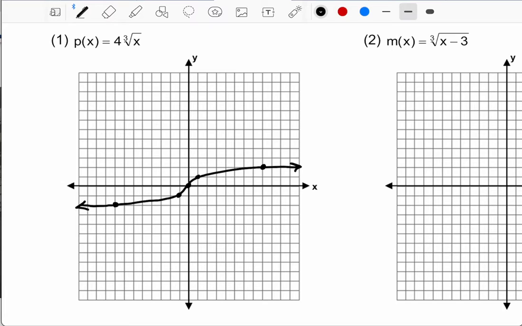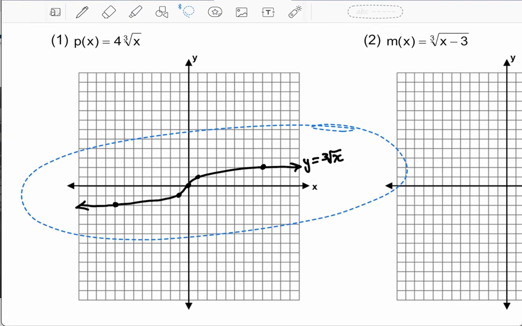So this is y is equal to the cube root of x. We already did the cubic function. Now we're doing the cube root function. Same characteristics as a cubic function, except it's flipped on its side. There's actually more to it than that. It's an inverse of the cubic function, but just thinking of it as a rotation kind of gets you an idea of what's going on.